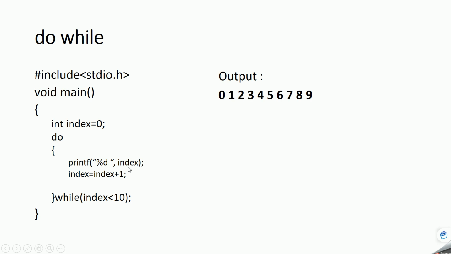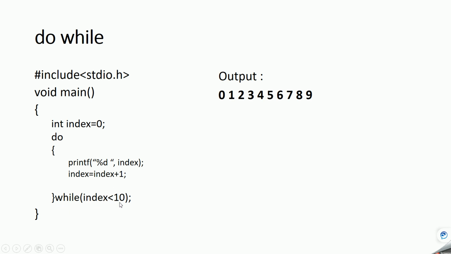Initially the value of index is 0, so 0 will get printed, and then index value will become 0 plus 1. So index value will become 1, and now this condition will get checked.